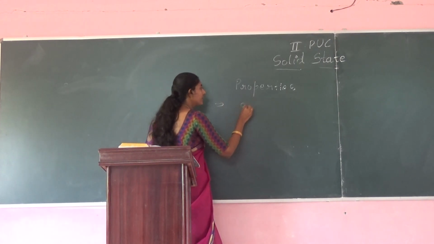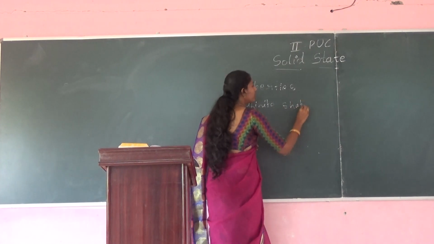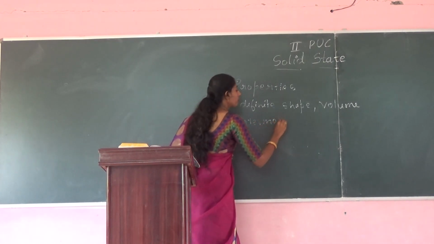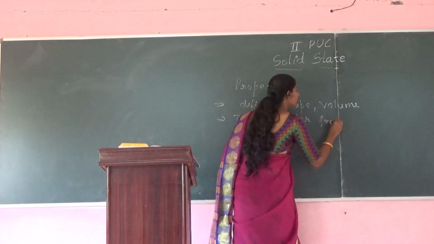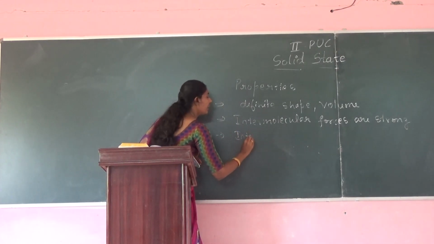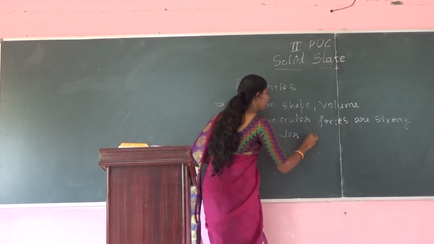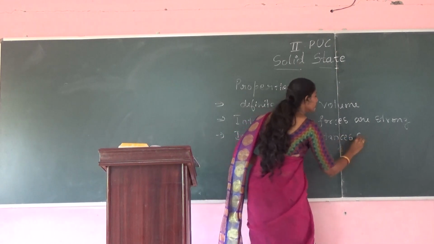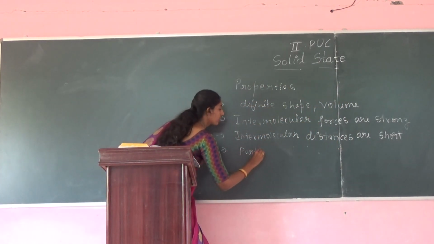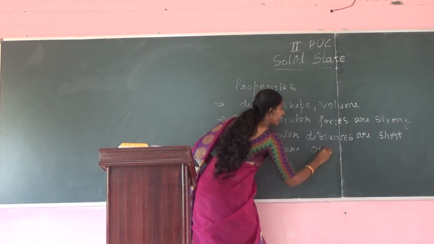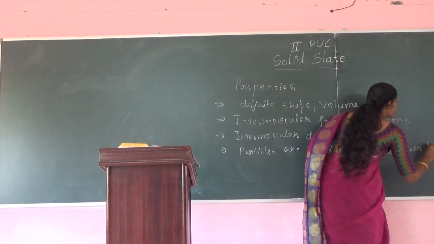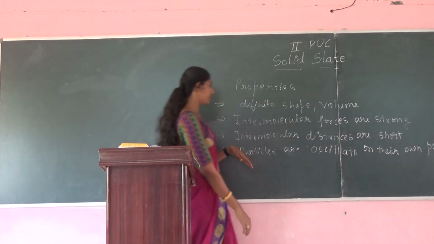Once again we will discuss the properties. These solids usually have a definite shape and a definite volume, intermolecular forces are strong, intermolecular distances are short, and the particles oscillate on their own position.